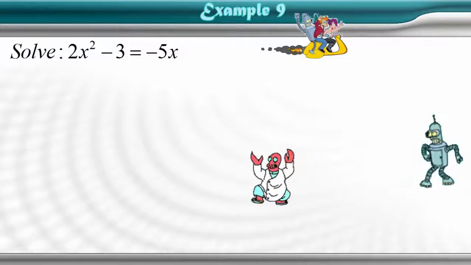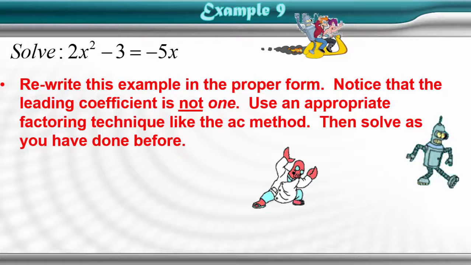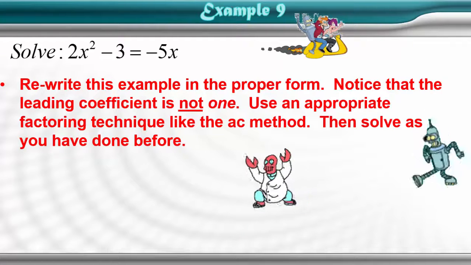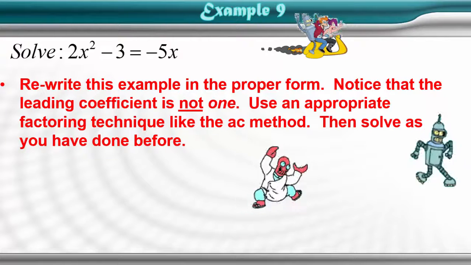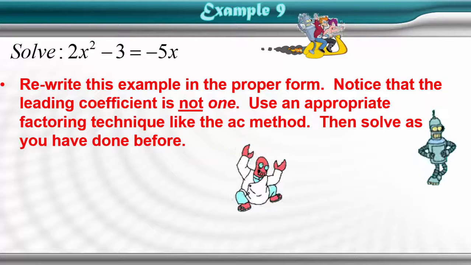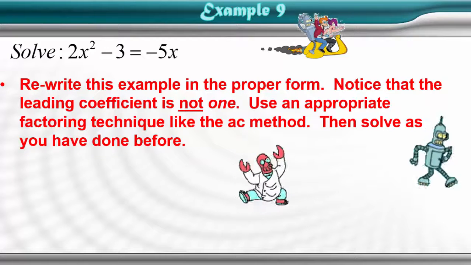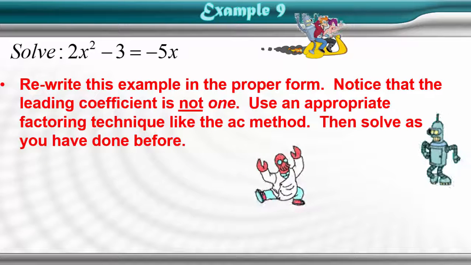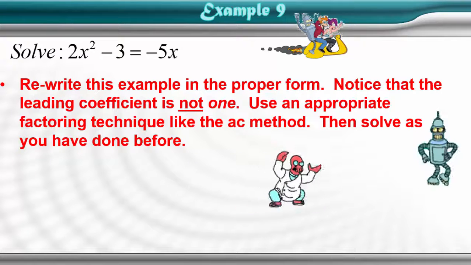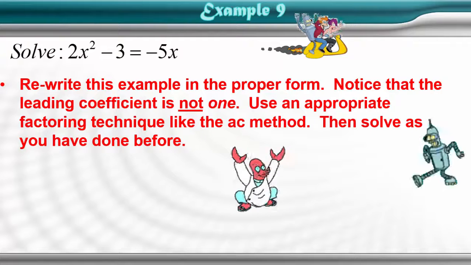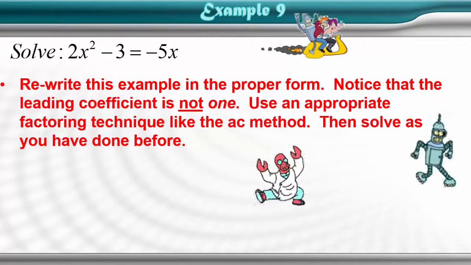In reviewing what we did on the whiteboard, we rewrote this example in proper form. Notice that the leading coefficient is not 1. So we use an appropriate factoring technique like the AC method to factor this particular problem. Then we solve as we have done before. You could use any factoring method you like, but I chose to use the AC method.